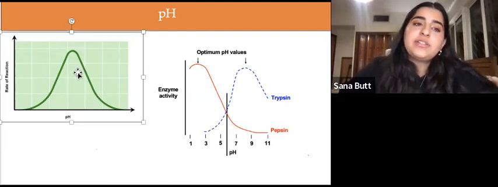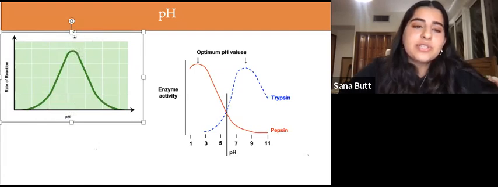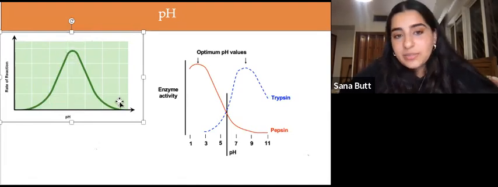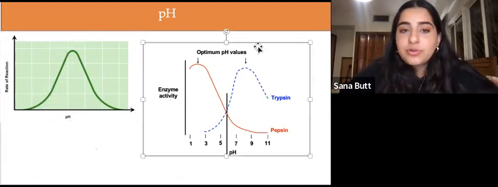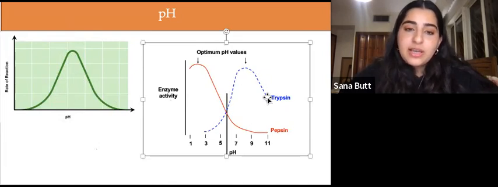So this is to generally describe that, okay, if you're at an optimum of 7, because most high school textbooks will tell you if you're at an optimum pH of 7, that's good. Anything below it denatures, anything above it denatures, but this is a more accurate form because different types of enzymes just have different pHs that they work best at, and at a pH maybe higher than that, they would denature, or sometimes at a pH lower, they would denature.